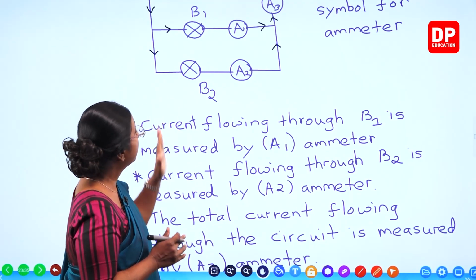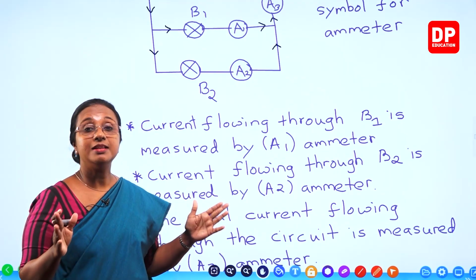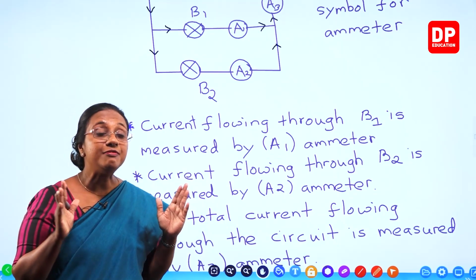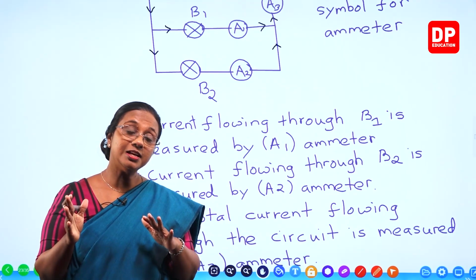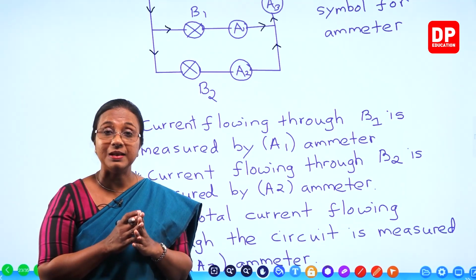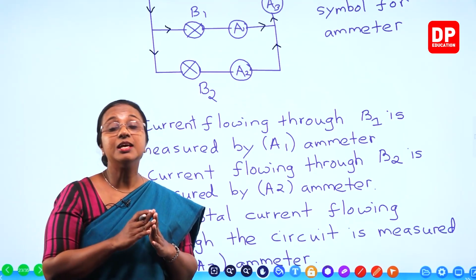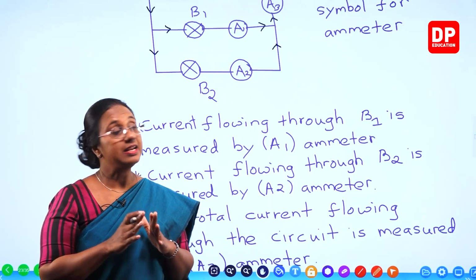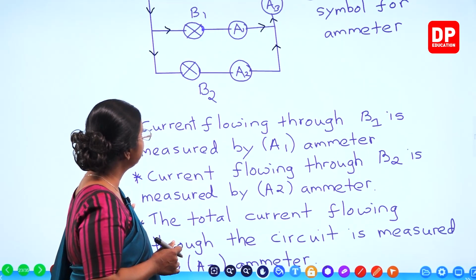Like I said, if the resistance is equal, current divides equally. So if we need to measure the total current, you have to have the ammeter in a place where the total current flows through it. That is how you should connect the ammeter.